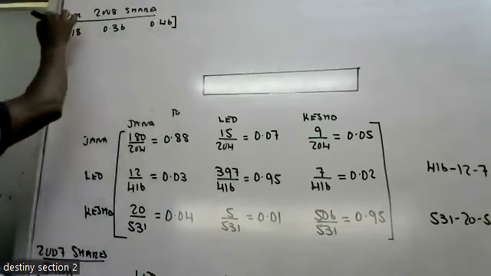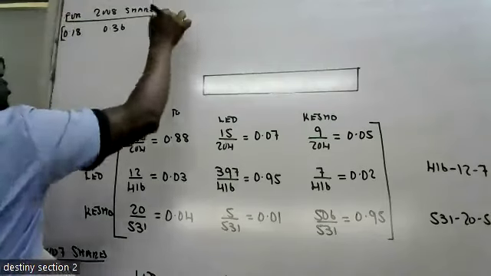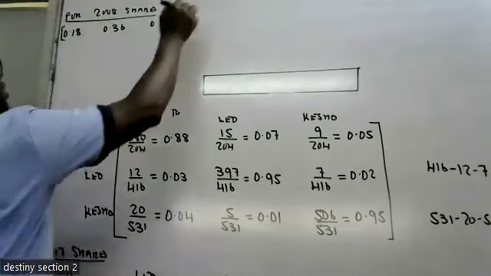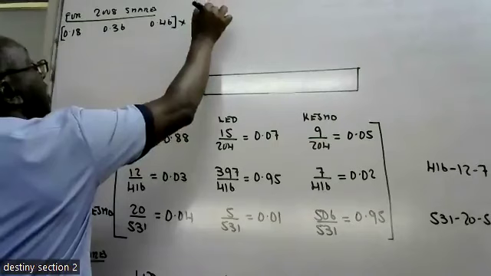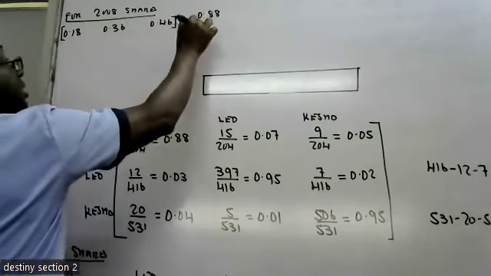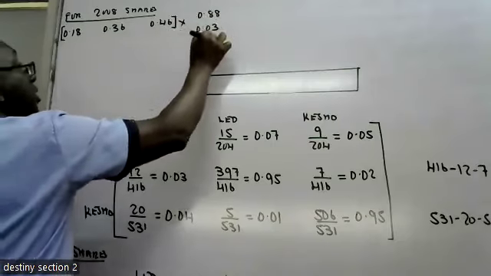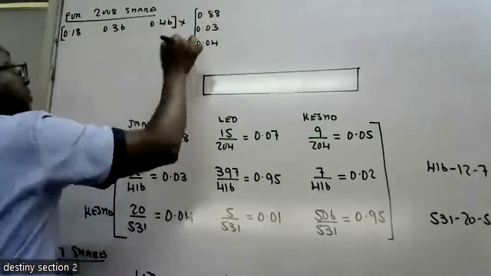These ones, you multiply by the transition matrix. This one, 0.88, 0.03, and 0.04.